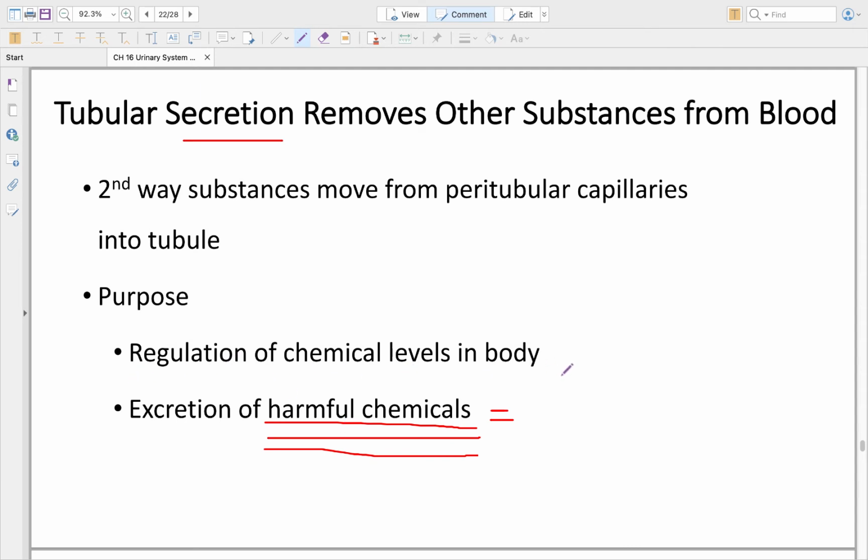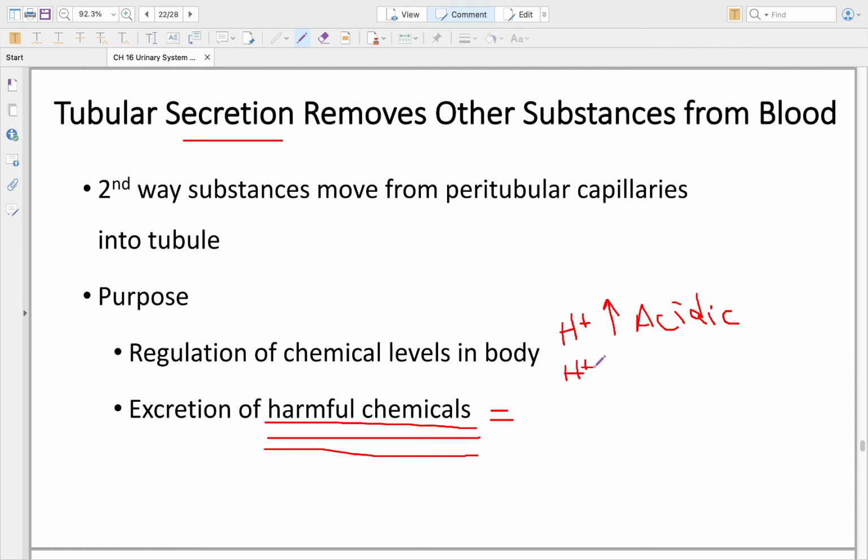And the other thing that happens here is ions are going to be removed. Hydrogen ion, for example. And remember, if you have high hydrogen ions in your blood, that's going to make it too acidic, right? Which is not okay. We cannot have acidic blood, nor can we have basic blood, right?